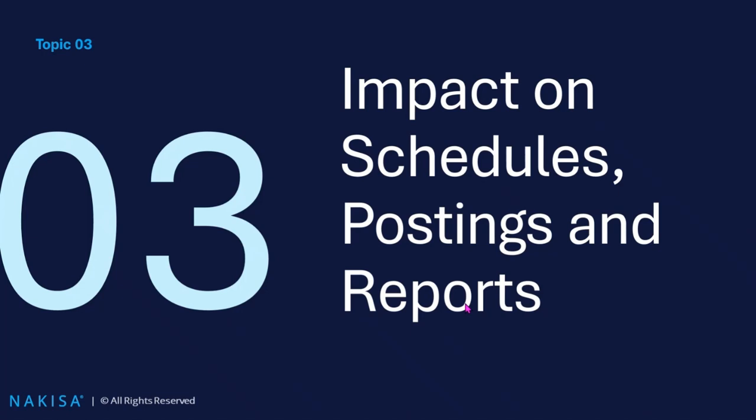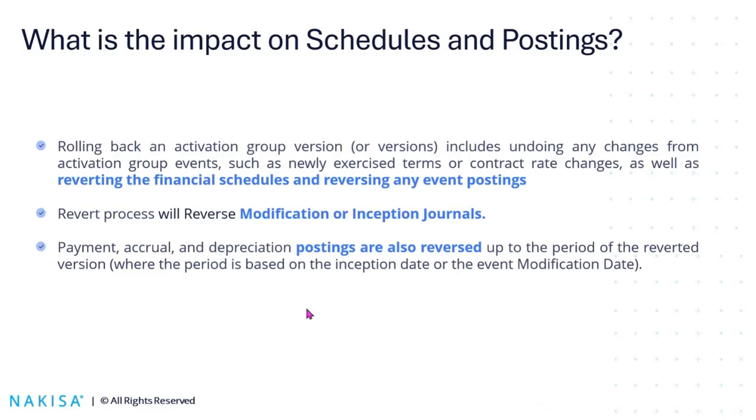Okay, so next is impact on the schedules, postings, and reports. What is the impact on the schedule and posting? Rolling back an activation group, or one version or multiple versions, includes undoing any changes from the activation group events.